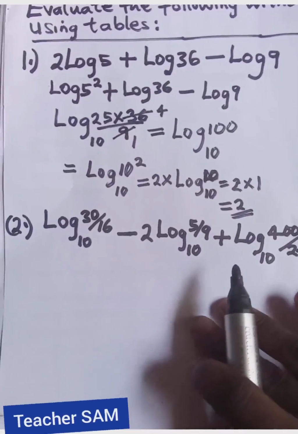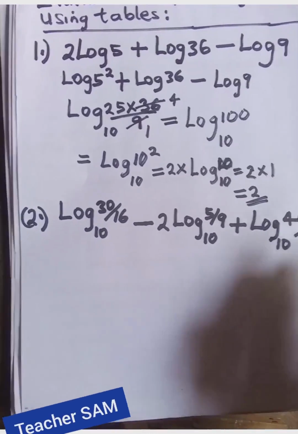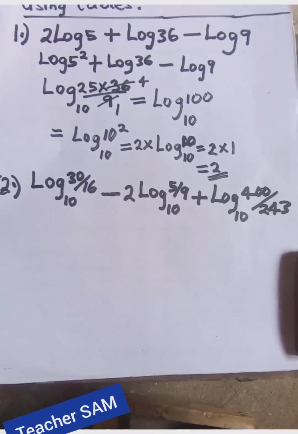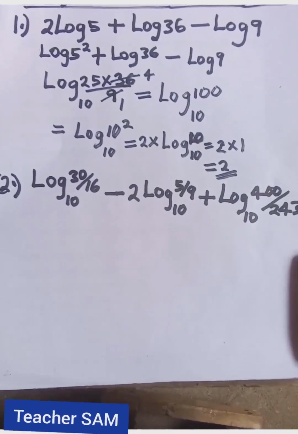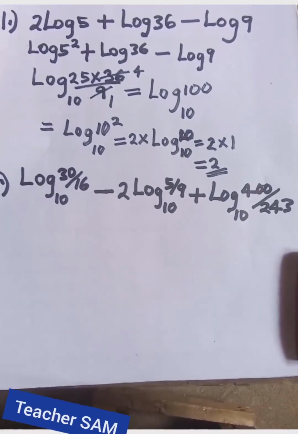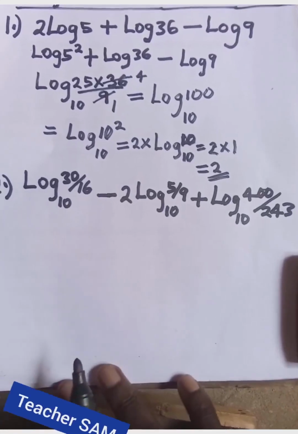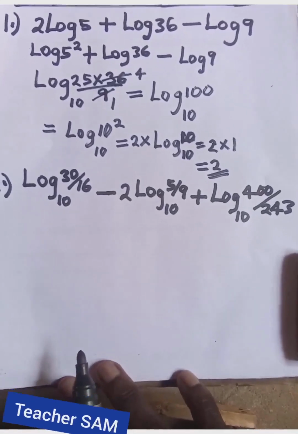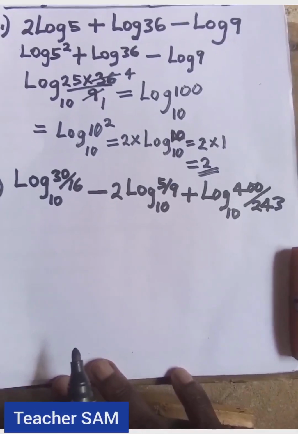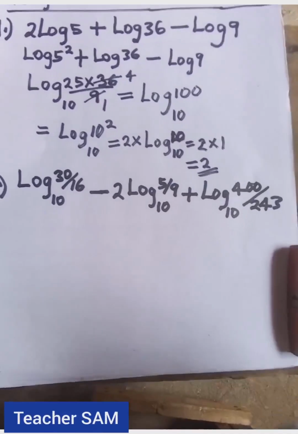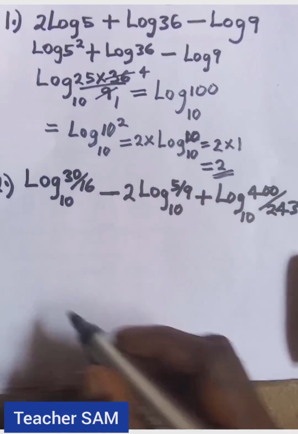Now let's look at the next question quickly. So the next question 2, we have log 30 divided by 16 to base 10 minus 2 log 5 divided by 9 to base 10 plus log 400 divided by 243 to base 10. Now we apply the same law we have just learned.